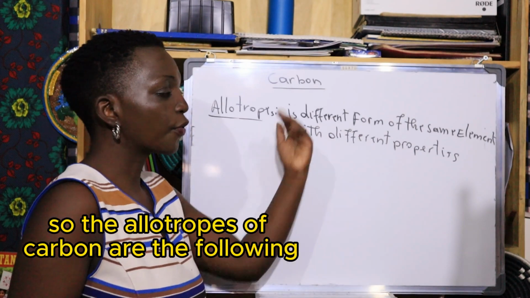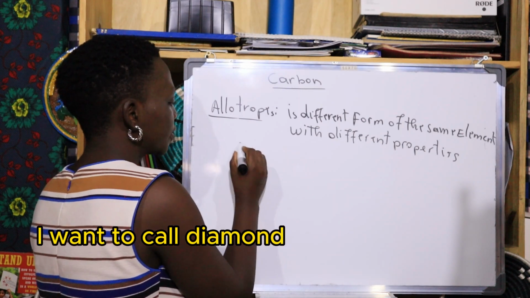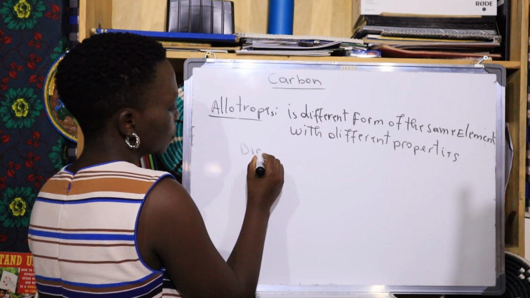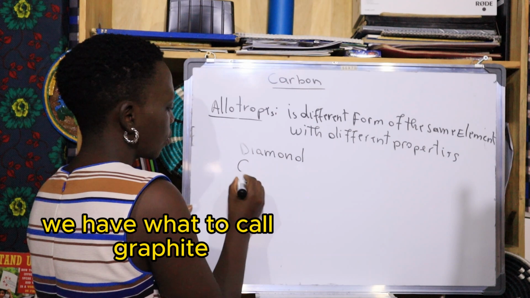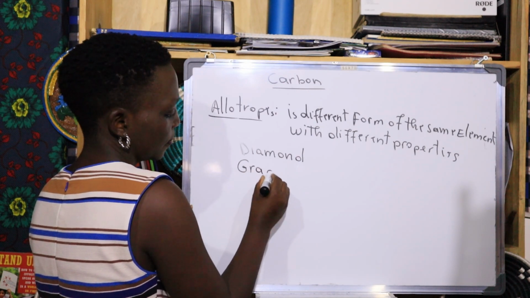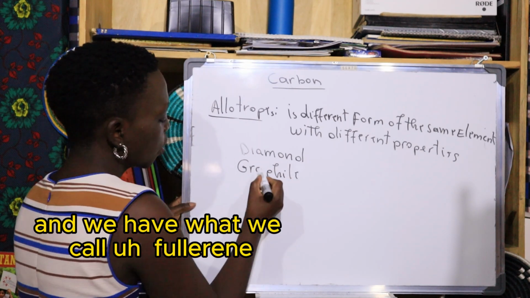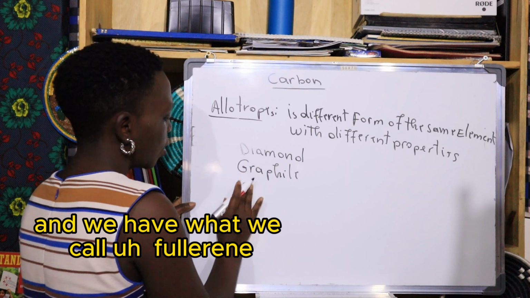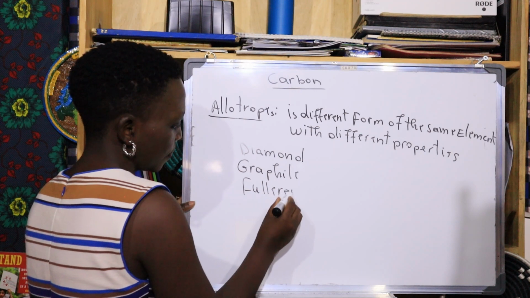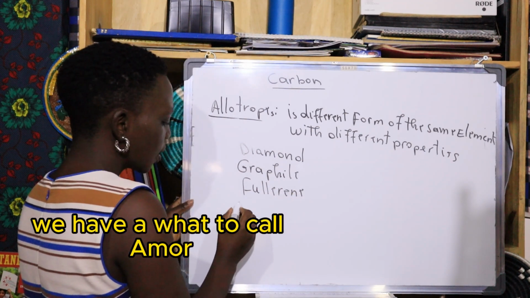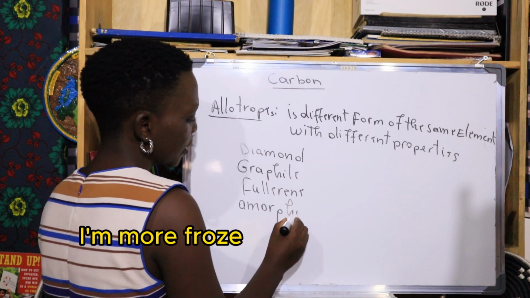So the allotropes of carbon are what we call diamond, graphite, fullerene, and amorphous carbon.